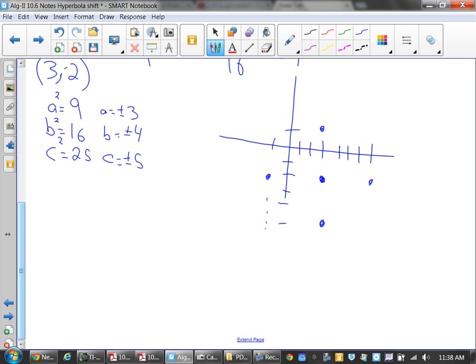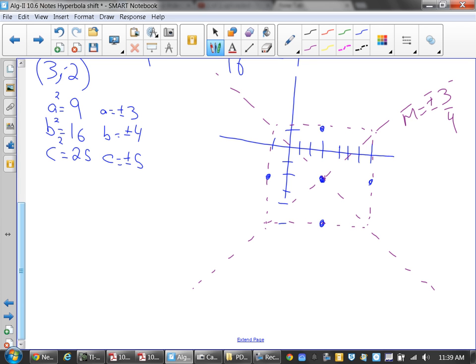Box it in. Asymptotes. Slope of our asymptotes. See, I went up 3, I went over 4, 3/4. Okay.